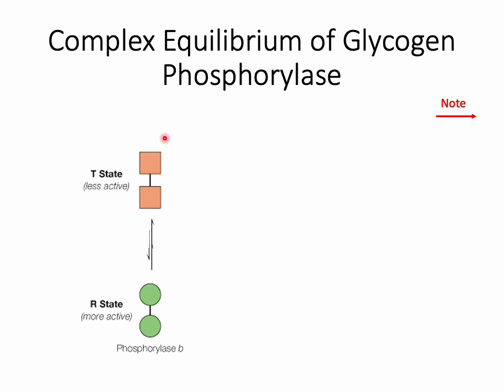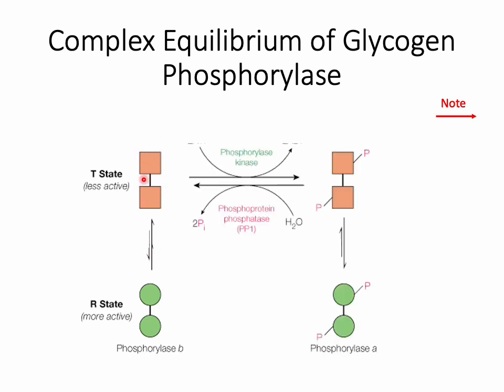In the dephosphorylated form, i.e. in the absence of our hormonal signaling via PKA and phosphorylase kinase, the T state is favored. However, it can still access the R state, albeit the T state is predominantly favored. When we phosphorylate our glycogen phosphorylase via phosphorylase kinase, we end up with our phosphorylated version.